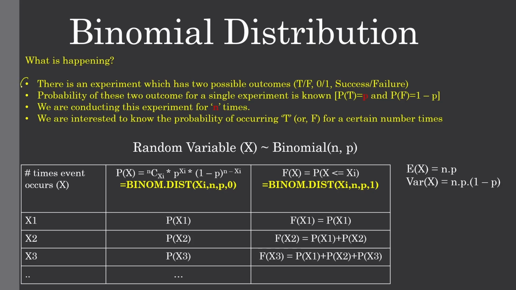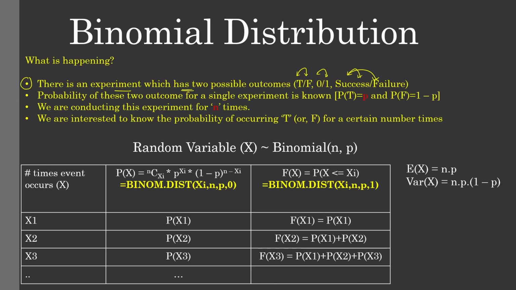First of all, there is an experiment which has exactly two possible outcomes. For example, true, false, 0, 1, success, failure. We exactly have two possible outcomes for that experiment. So this is the primary criterion.